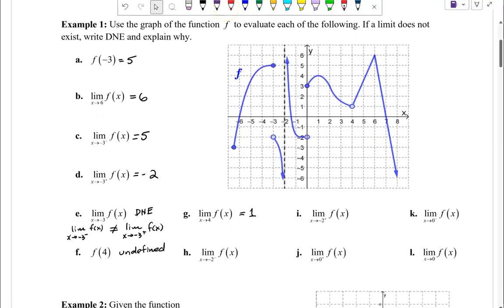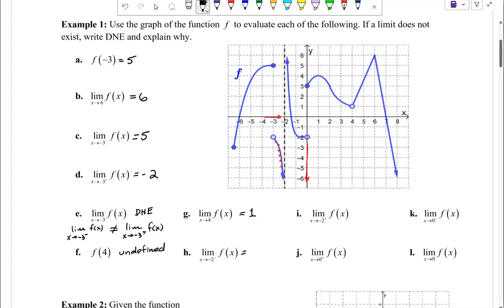H, find the limit of f of x as x approaches -2 from below. So we're approaching -2 from below, like that. And each of those x values have corresponding points coming down the curve like this. And their y values are going downward forever. So we can notate this two ways.